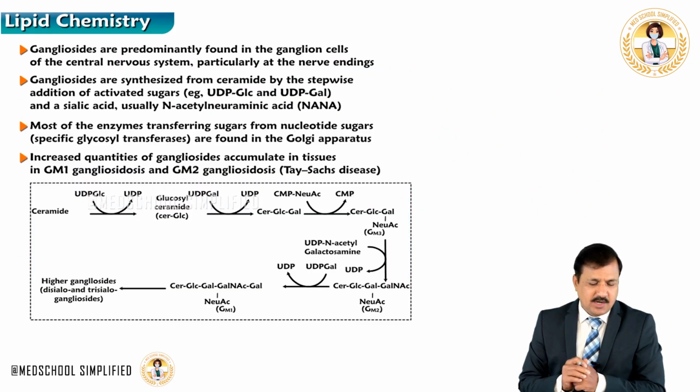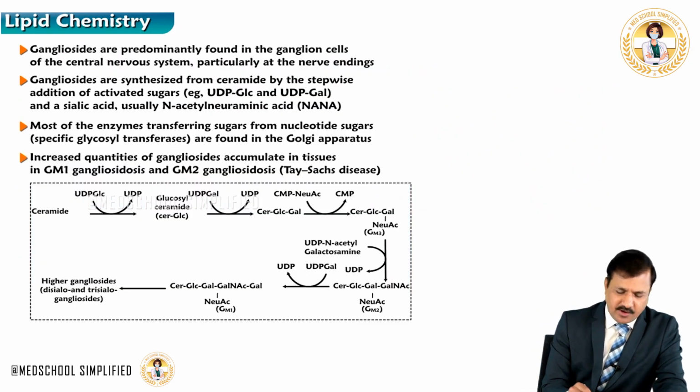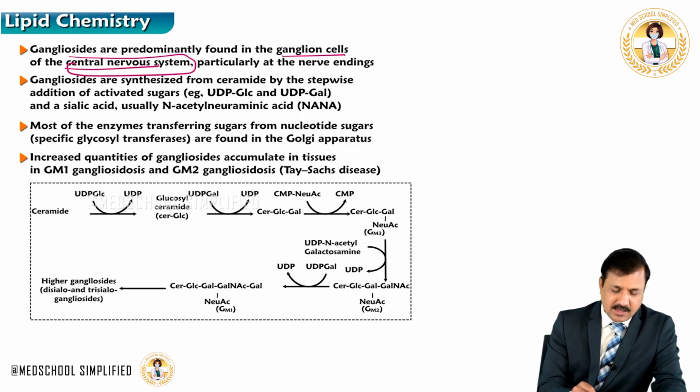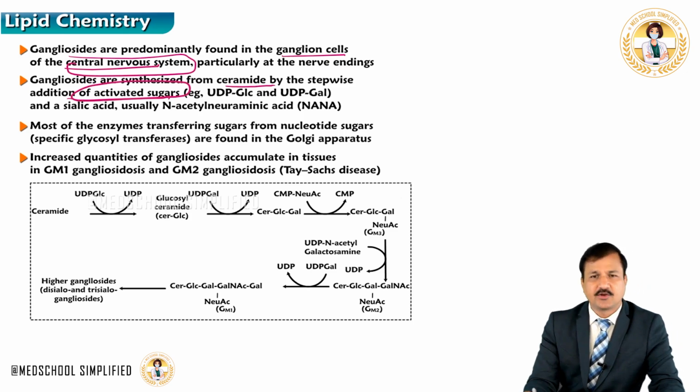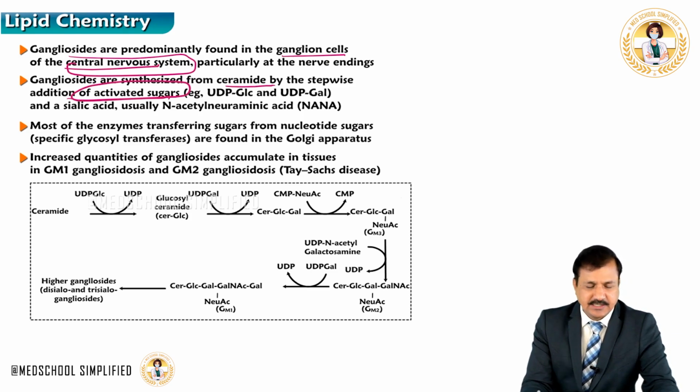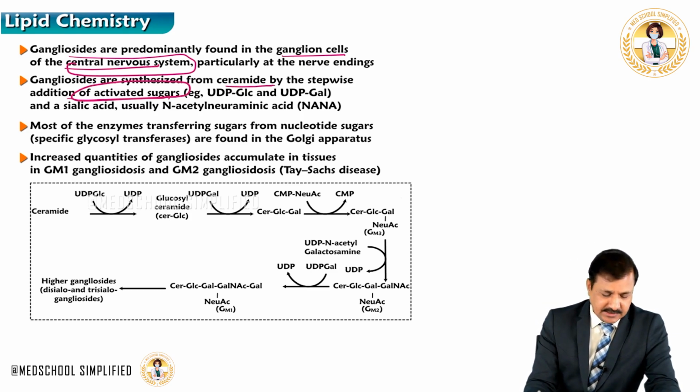That's how it is. Now, gangliosides are predominantly found in ganglion cells of the central nervous system, and that's why they are called gangliosides, because they are richly available in ganglions. And gangliosides are synthesized from the ceramide by a stepwise addition of activated sugars, and they are UDP glucose, UDP galactose, and then we have sialic acid, N-acetyl neuraminic acid.